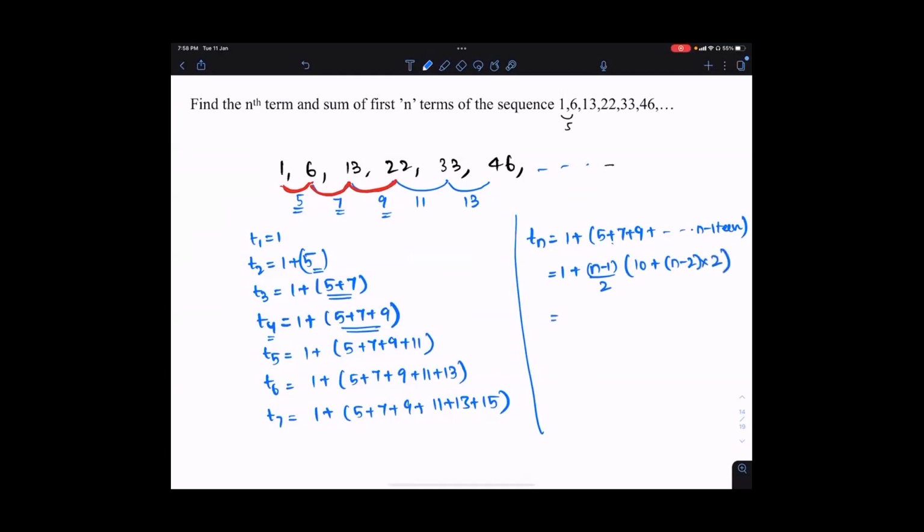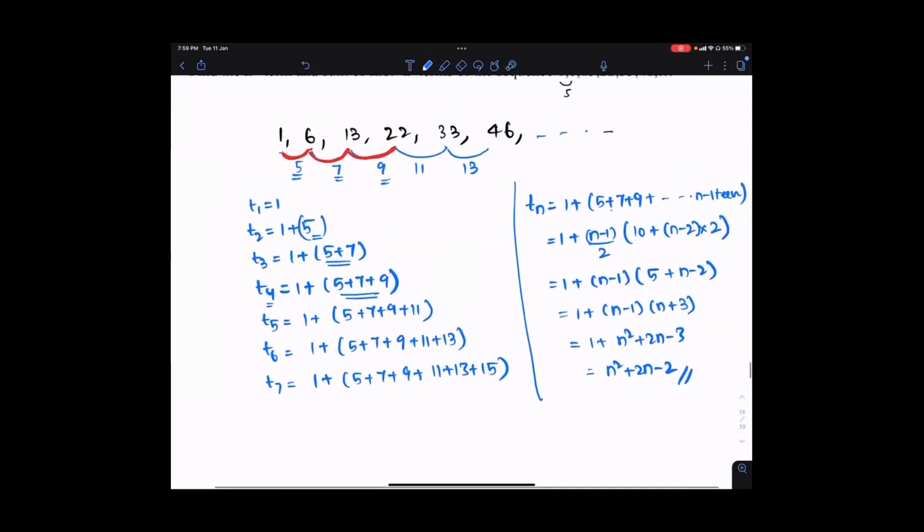So if I simplify, I'll get 1 plus N minus 1 into 5 plus N minus 2, which is 1 plus N minus 1 into N plus 3, which is 1 plus N square plus 2N minus 3. So N square plus 2N minus 2. This is the nth term of this sequence.